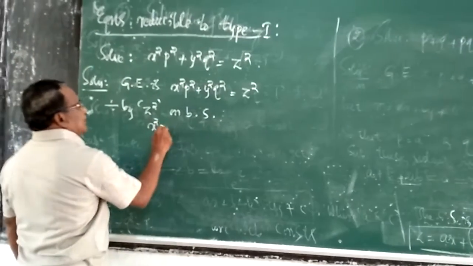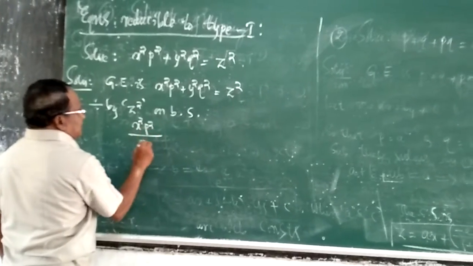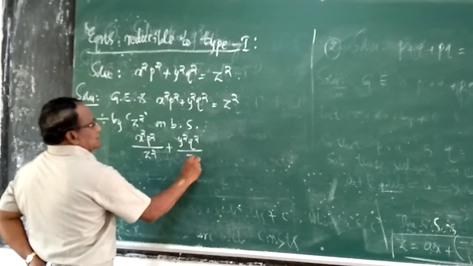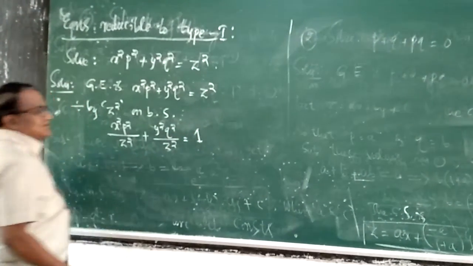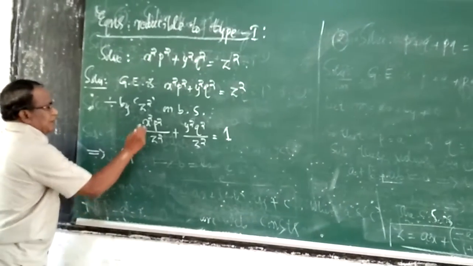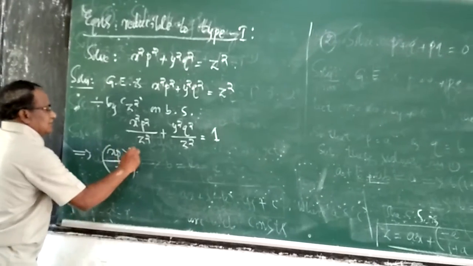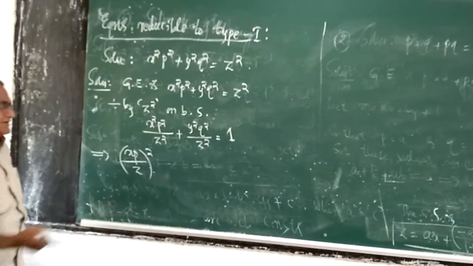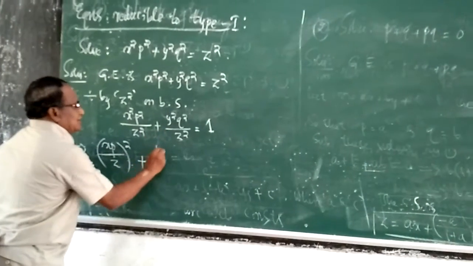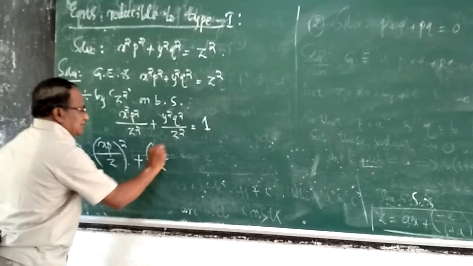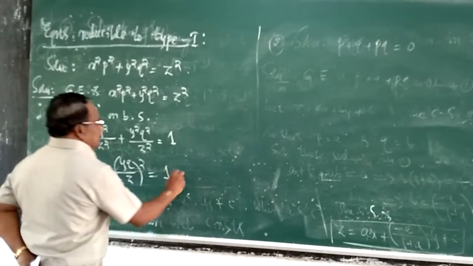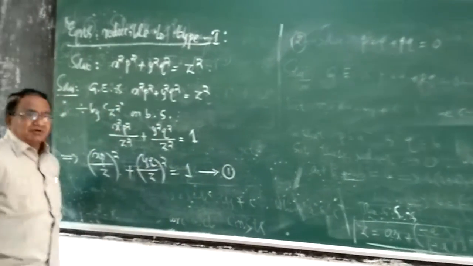We have to divide each term by z squared: x squared p squared by z squared plus y squared q squared by z squared is equal to z squared by z squared, which is 1. This may be even written in this fashion: xp by z whole squared. Am I right? A squared by b squared form may be written as a by b whole squared. Similarly, plus yq divided by z whole squared is equal to 1. Let us call this equation number 1 here.